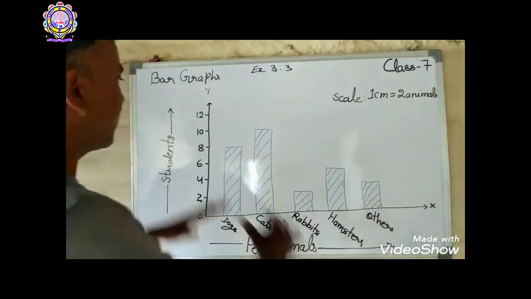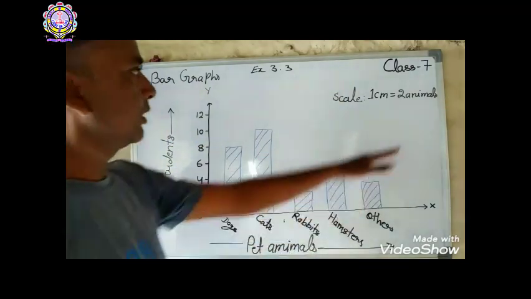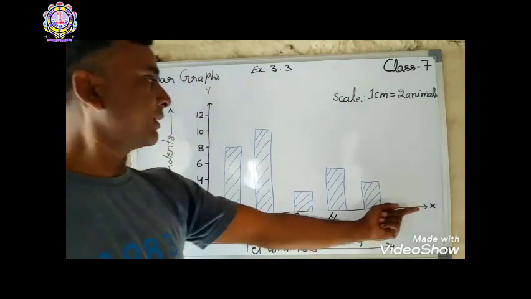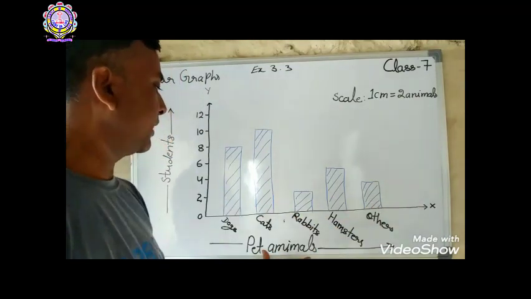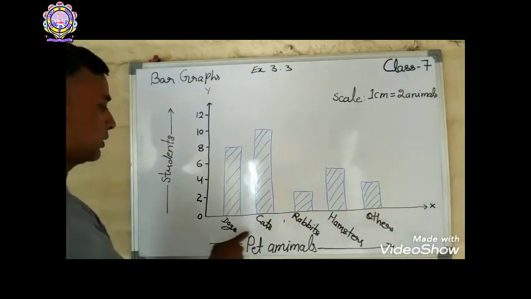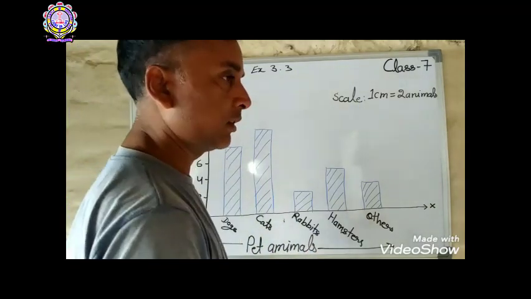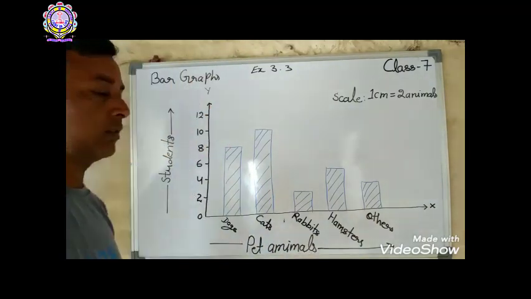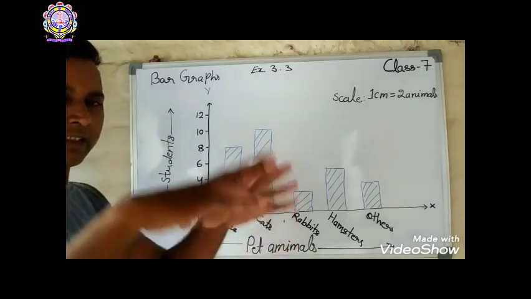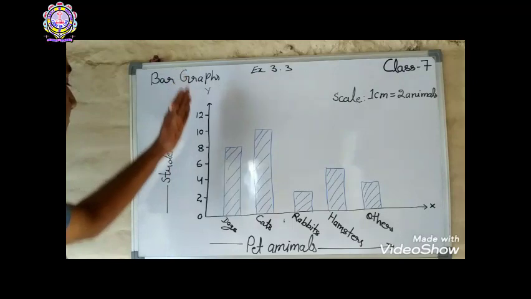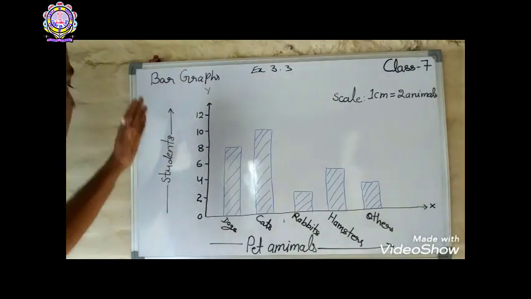On the x-axis there are pet animals: dogs, cats, rabbits, hamsters, others. Hamsters and rats are like small animals. On the y-axis there is the number of students.